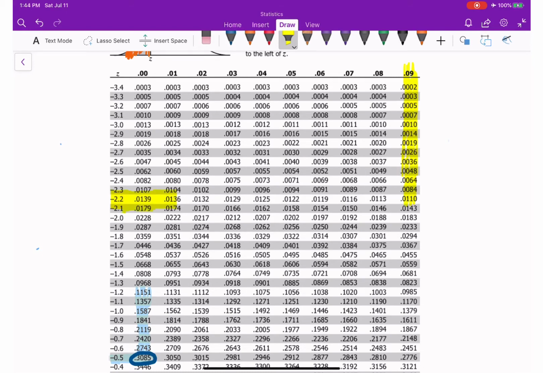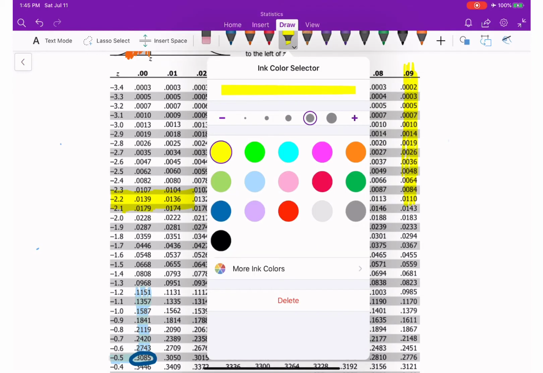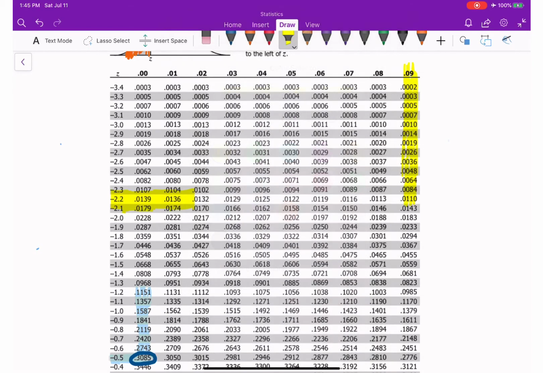Negative 2.29, so I'm starting from here. And there we go, 0.011.